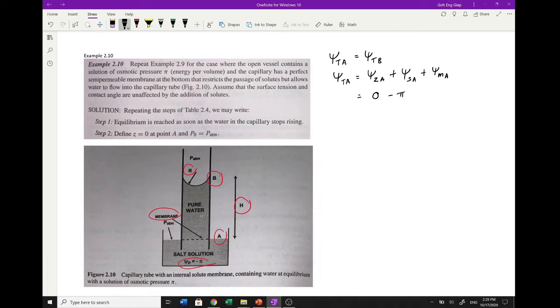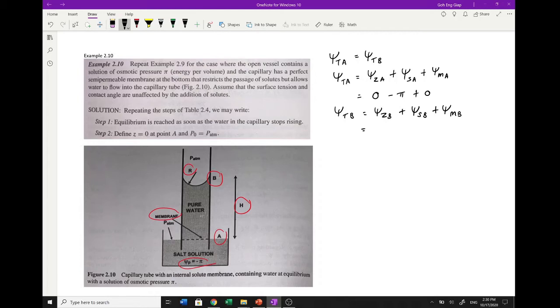And the metric suction here is 0 because nothing is pulling the water. It means that no soil is pulling the water and no capillary tube is pulling the water. Right, so now the total potential at point B, WTB. We should write the same potential components, and similarly here.